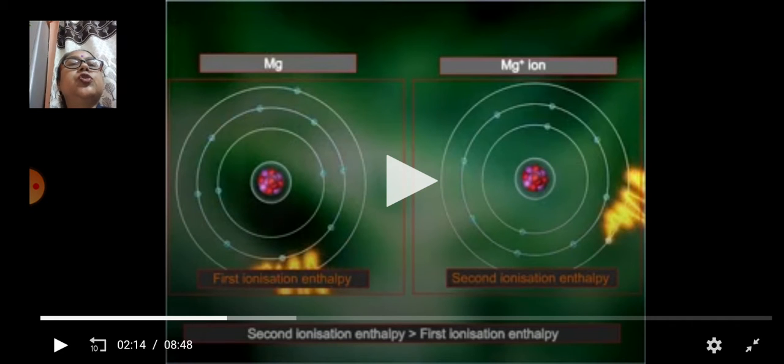Removal of one electron from the outermost shell of a magnesium atom is the first ionization enthalpy, and removal of a second electron from the unipositive ion of magnesium is known as second ionization enthalpy, and second ionization enthalpy is always more than first ionization enthalpy.